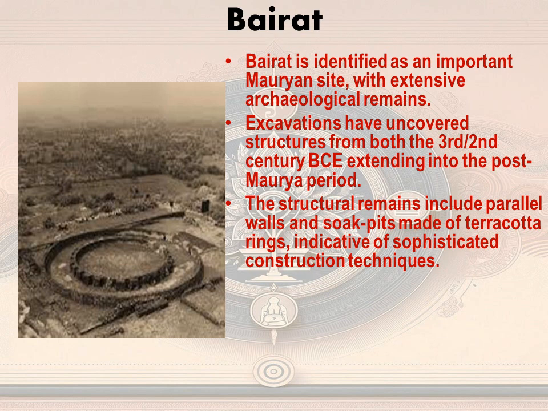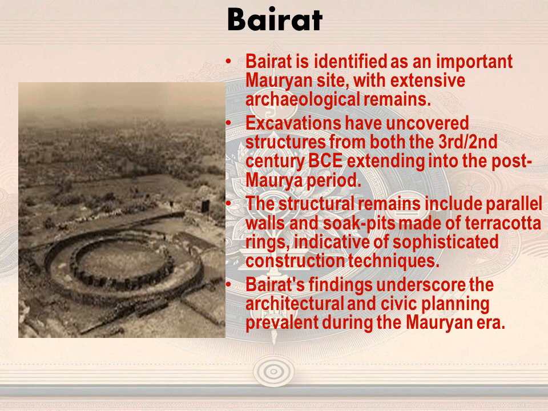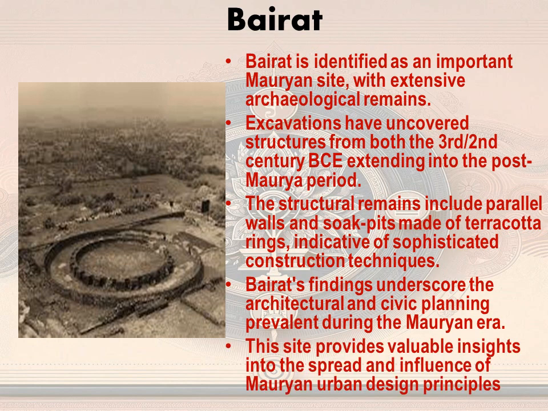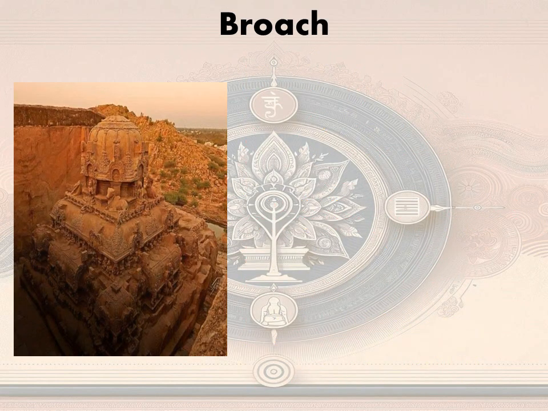The terracotta rings also indicate sophisticated construction techniques. Bairat's findings underscore the architectural and civic planning prevalent during the Mauryan era. This site provides valuable insights into the spread and influence of Mauryan urban design principles.